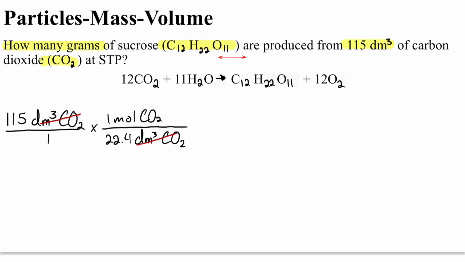Now that we have moles of carbon dioxide, we're going to use the mole ratio from the chemical equation. So we've got a ratio of 12 moles of carbon dioxide to just 1 mole of sucrose.